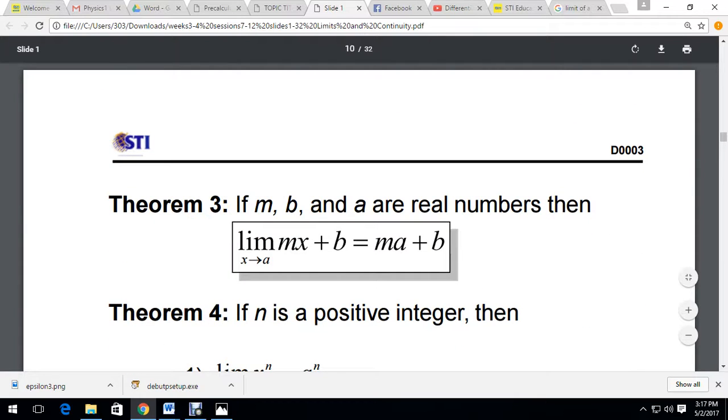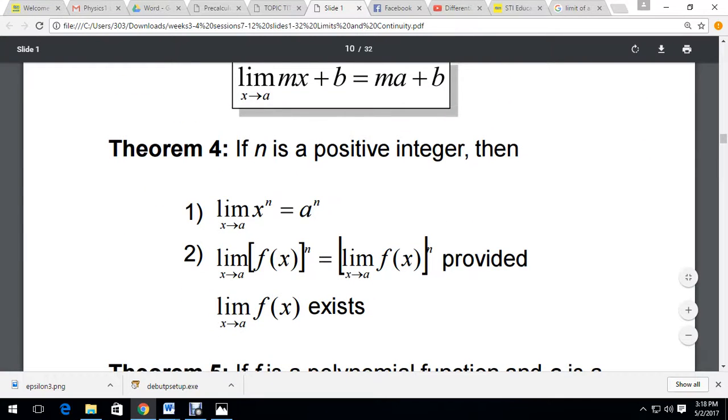Now, if you have the constants m, b, and a, and these are real numbers, then the limit of the form m times x plus b is equal to m times a plus b, wherein we have substituted the value of a for x as x approaches a.